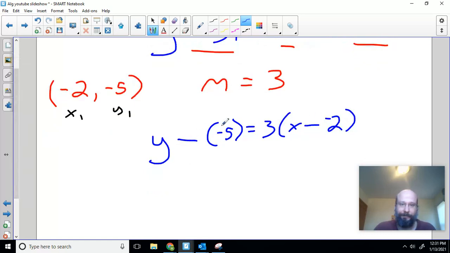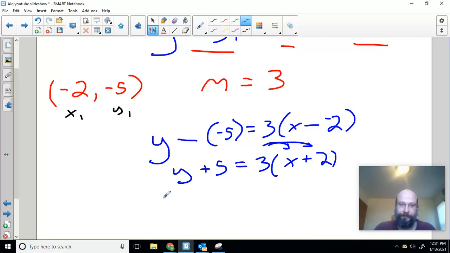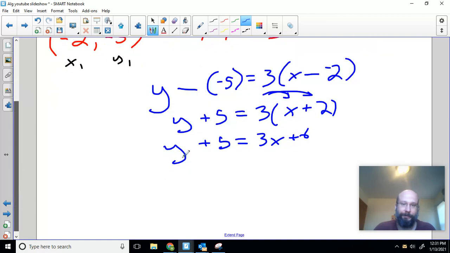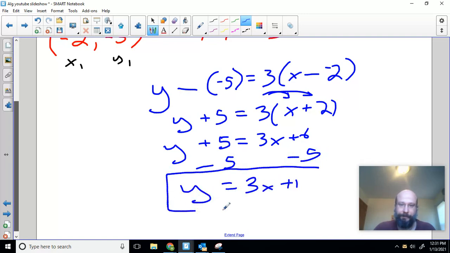And again, this is going to have to change to a positive. This is going to have to change to a positive. Whenever you're subtracting a negative, you change it to a positive. And now I'm going to distribute: y plus 5 equals 3x plus 6. And then I'm going to move this 5 over to the other side by subtracting. And this is our final answer.